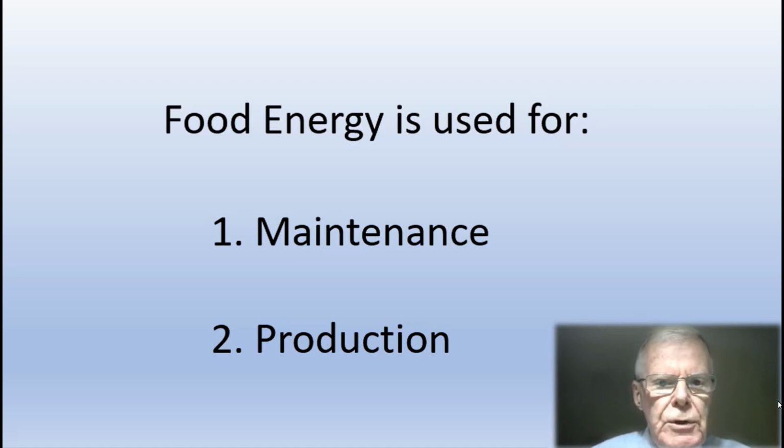The other use of food energy is in so-called production, which applies to all the energy requiring processes on top of maintenance, such as movement, eating food, and growth. These two classes of energy expenditure are helpful in defining the energy requirements.